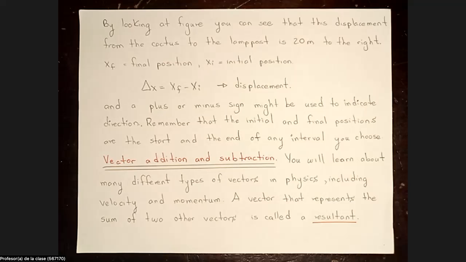So that will be the displacement between the cactus and the lamppost. Okay. And look at this. A plus or a minus sign might be used to indicate direction. Remember that the initial and final positions are the start and the end of any interval you choose.